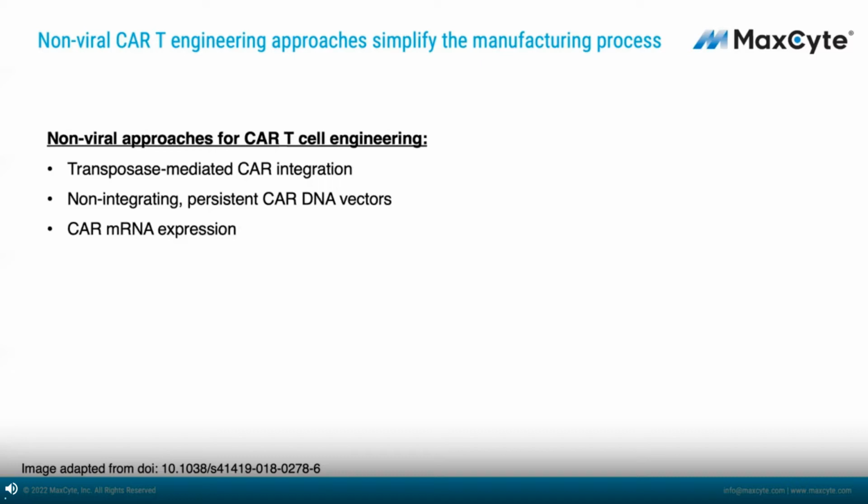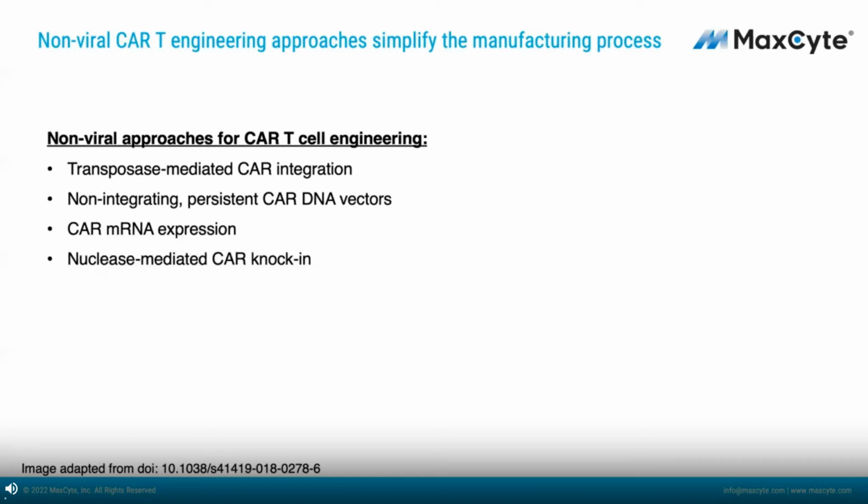You also have more transient approaches, such as CAR mRNA expression, where you take the CAR mRNA, transfect it into your T cells ex vivo, and then in the time frame through which the CAR is expressing, sometimes 72 to 96 hours, you then dose the patient with those CAR cells.